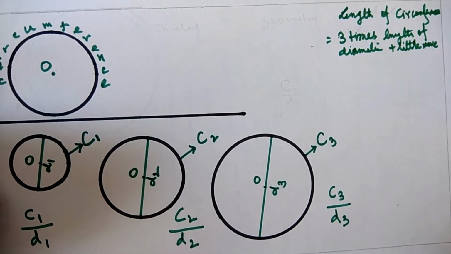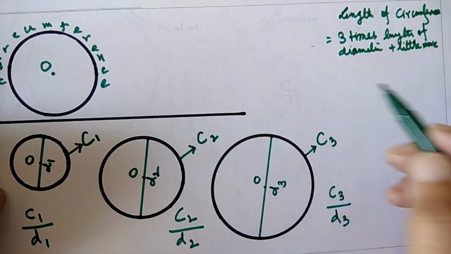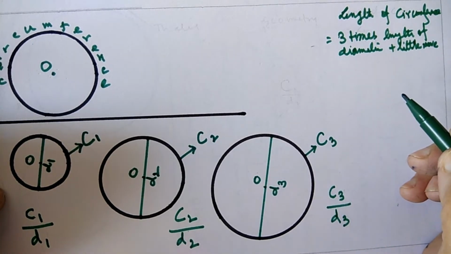Now friends, the mathematicians found that each ratio, there were several cases, gives a value which is very close to 3.14.